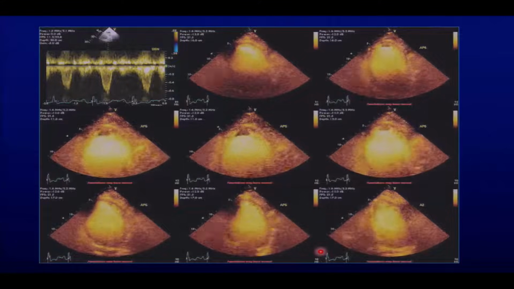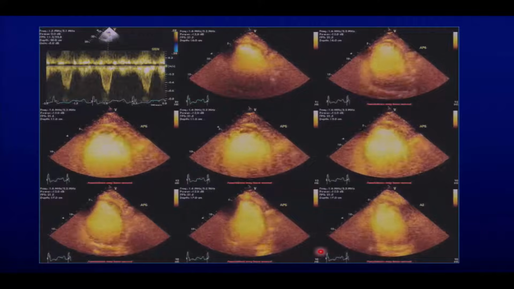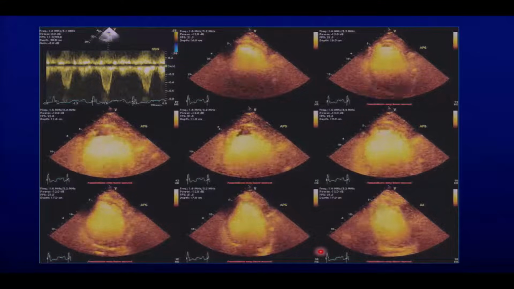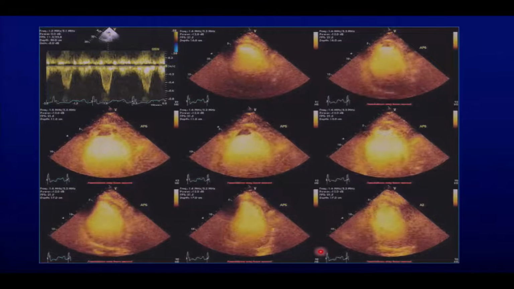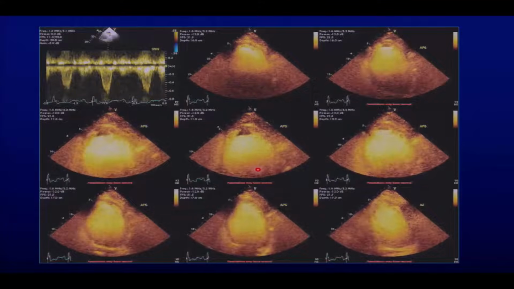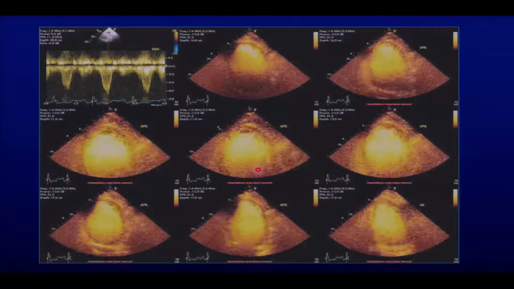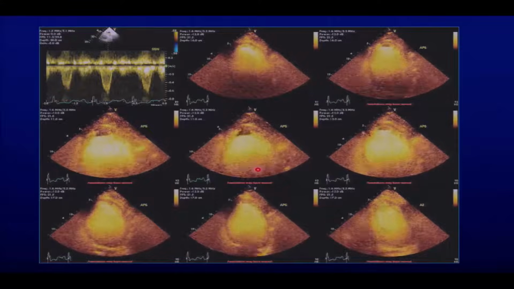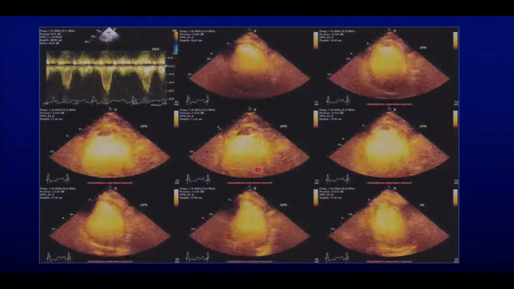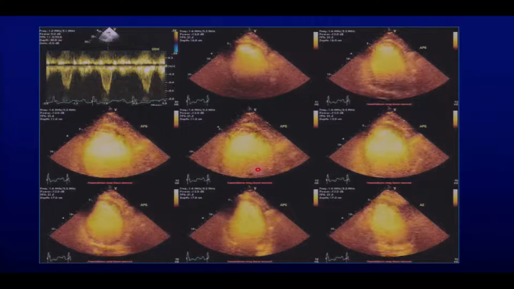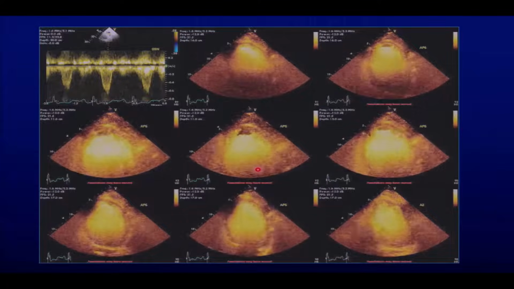Because I knew the ventricle was depressed, but there is a sizable thrombus in the apex of this heart that you can see very nicely there at multiple views. And remember, for you to be able to see thrombus, you need to scan this cavity. Remember, most of the time thrombus occurs in an area of regional or global dysfunction.